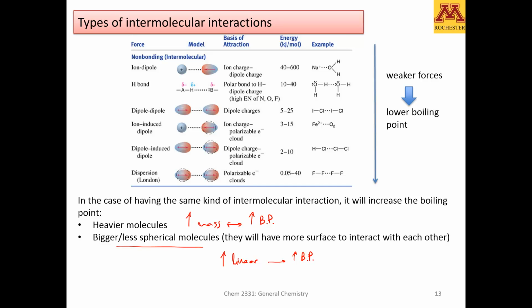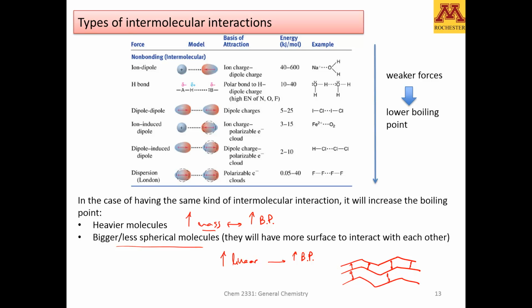So how can we explain these two things? Well, hopefully it makes some sense that the higher the mass, the more energy it takes to vaporize that molecule, because after all you're working against gravity to go from liquid to gas. So think of this mostly as a gravitational effect. However, the linearity: in here I just drew hexane. If you have several hexanes and they're linear, they will have a higher interaction surface.